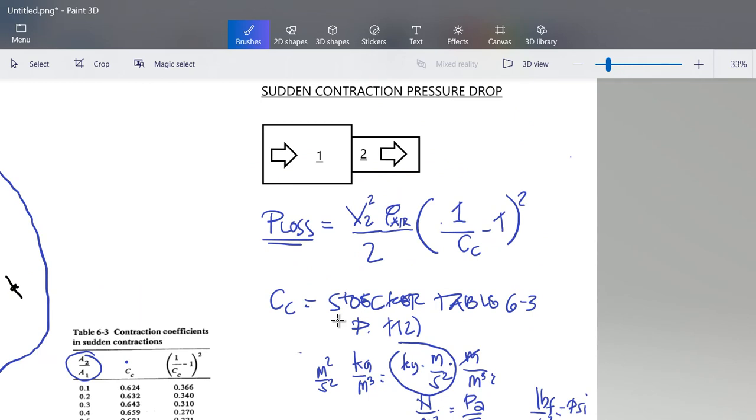Kasi sometimes katulad yung kanina nangyari sa akin, I forgot to add the density of air. So when I reread the units, I was confused that the meter squared per second squared cannot be equal to Pascal. Okay, so there's something wrong with the equation.